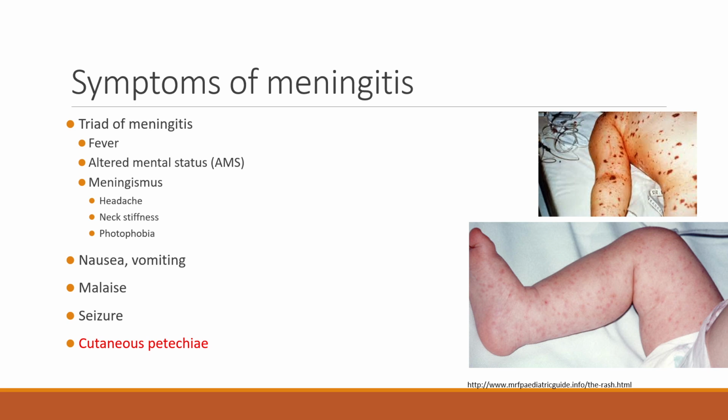Let's discuss the general symptoms of meningitis. We first have a triad here, which includes fever, altered mental status, and classic symptoms of meningitis, which include headache, neck stiffness, and photophobia. So basically, when you see fever with neck stiffness, I think this is enough to raise your alert towards meningitis.